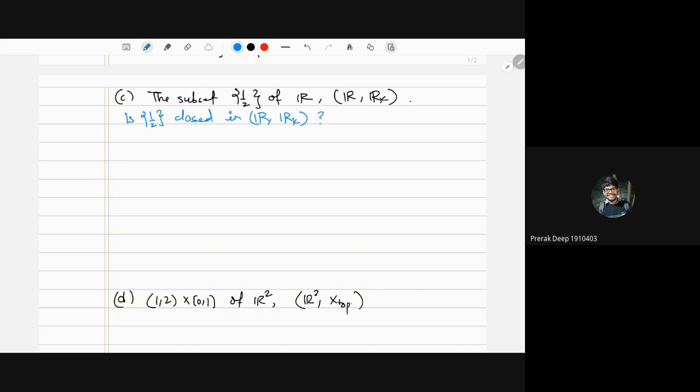Again, you need to check whether its complement is open or not. You can quickly tell me. It is simple, it is not very tough.